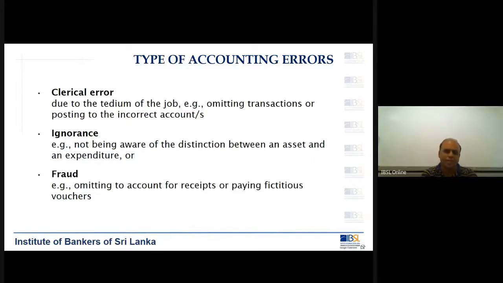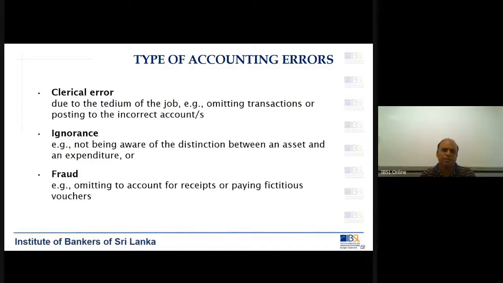What happens as time passed on is that the amount of work handled by this particular person called clerk became very large. So due to the tedium of the job, which means due to the increase in volume of the tasks that he has to perform, sometimes he makes mistakes.